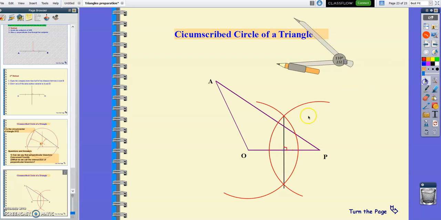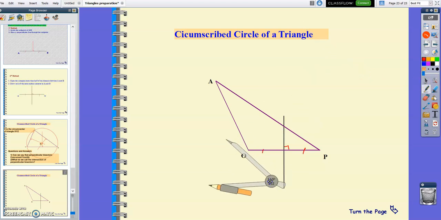Okay, now we will erase the arcs. Okay, another line. This one is equal to this one. Then the perpendicular bisector of OA, so put the compass on OA, make it a bit bigger.